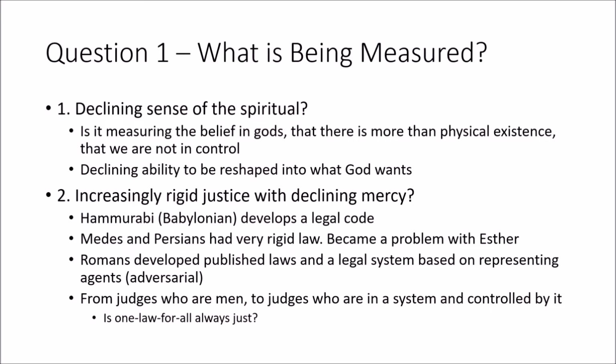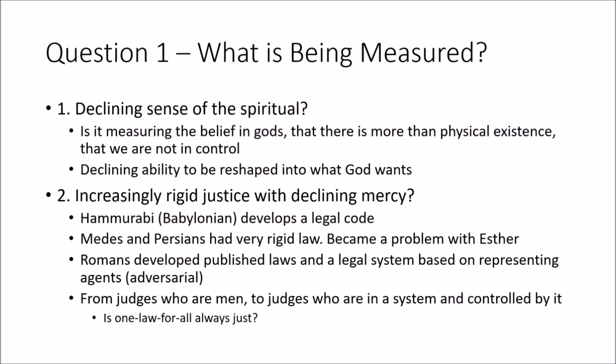And so there seemed to be a succession of changes in the legal systems of these that resulted in, I think, rigid justice and declining mercy in those. And so we went from a period of judges, if you remember with the Hebrews, where the judges were just men that had been appointed to interpret the law, to judges now who are in a system and controlled by that system, and they don't have the freedom to show mercy all the time or to really do justice all the time.